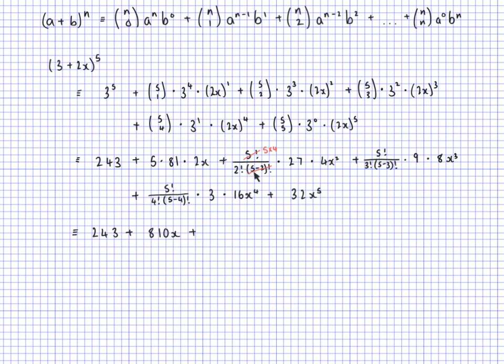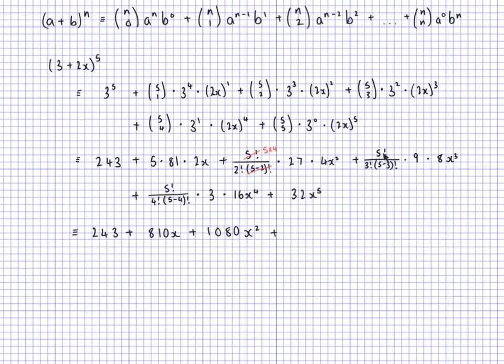So this whole thing becomes 10. 10 times 27 is 270, and times that by 4 we will get 1080. So 1080x squared.